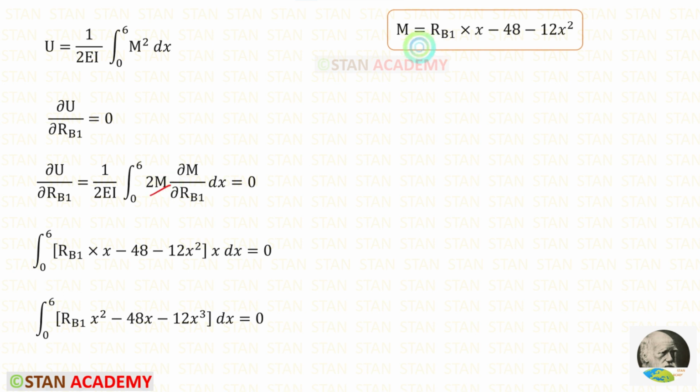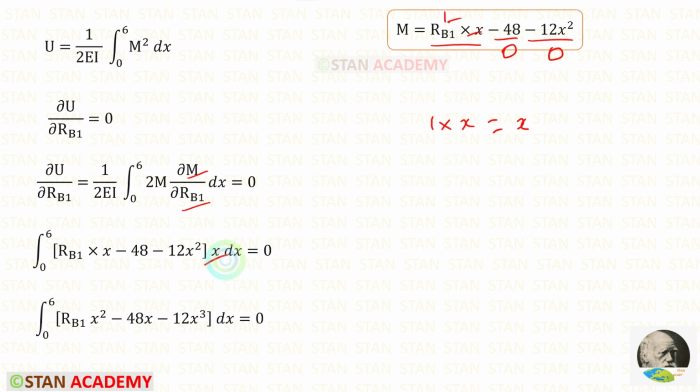Let us partially differentiate m with respect to RB1. In this term, for RB1, it will be 1. In these two terms, there is no RB1, so the differentiation will be 0. 1 into x, it will be x.